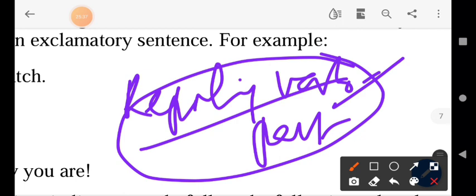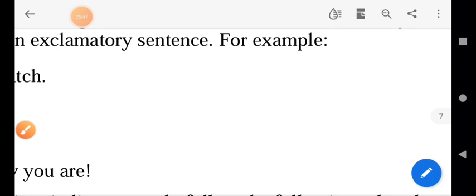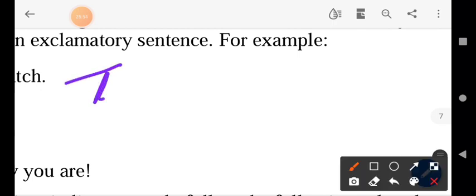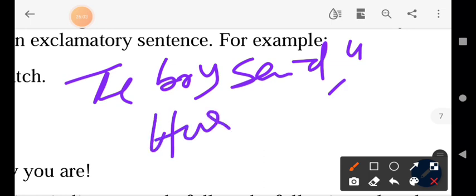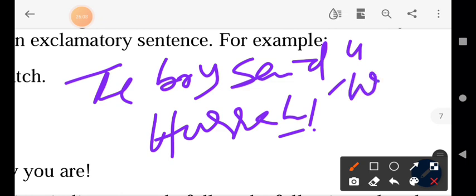The topic today is the one we are going to discuss here: the exclamatory sentence. An exclamatory sentence has the sign of exclamation. For example, I will write: The boy said, "Hurrah, we won the match!"